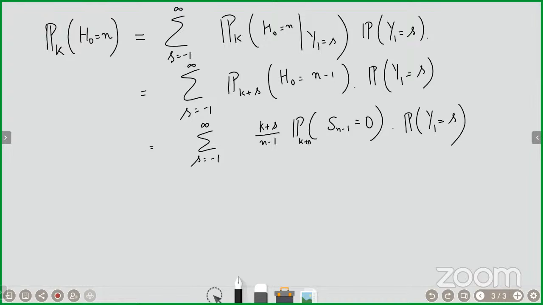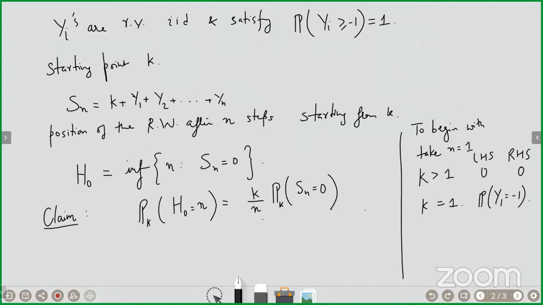Okay, so from here on, what do you think I should do? I want to somehow go from this P of k plus s, Sn minus 1 equal to 0, to P of k, Sn equal to 0. What I really want is this formula.